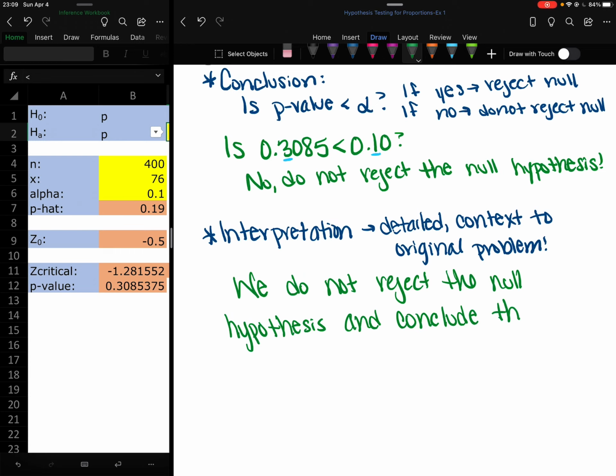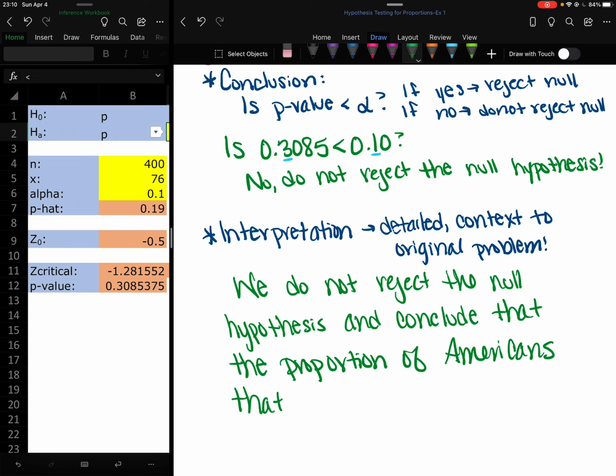We are concluding that the proportion, we are looking at a proportion of Americans that smoke tobacco, again, be detailed.